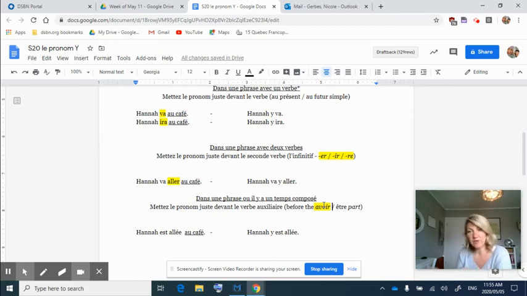Avoir conjugated in present tense: j'ai, il a, vous avez. You should know those verbs by now. If not, they're on the back of the first proposal I ever gave you. It's the four on the back: être, aller, faire and avoir.